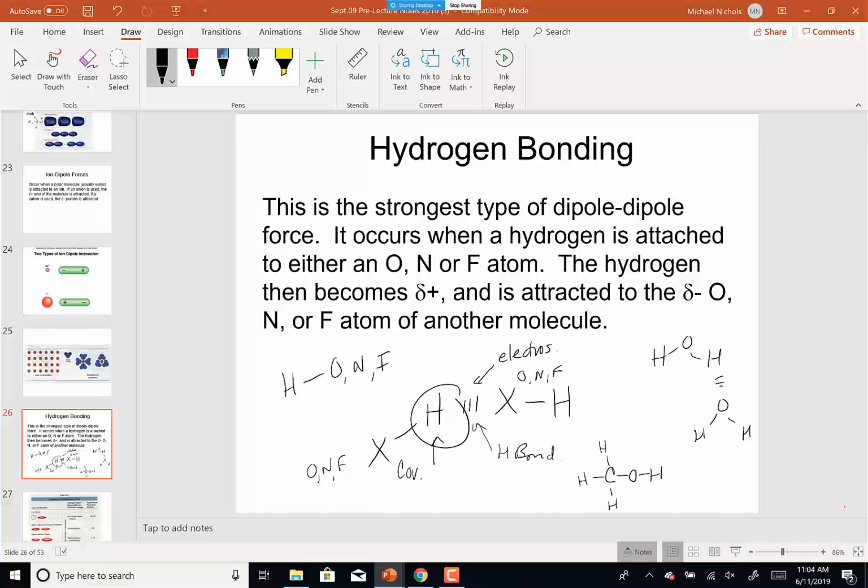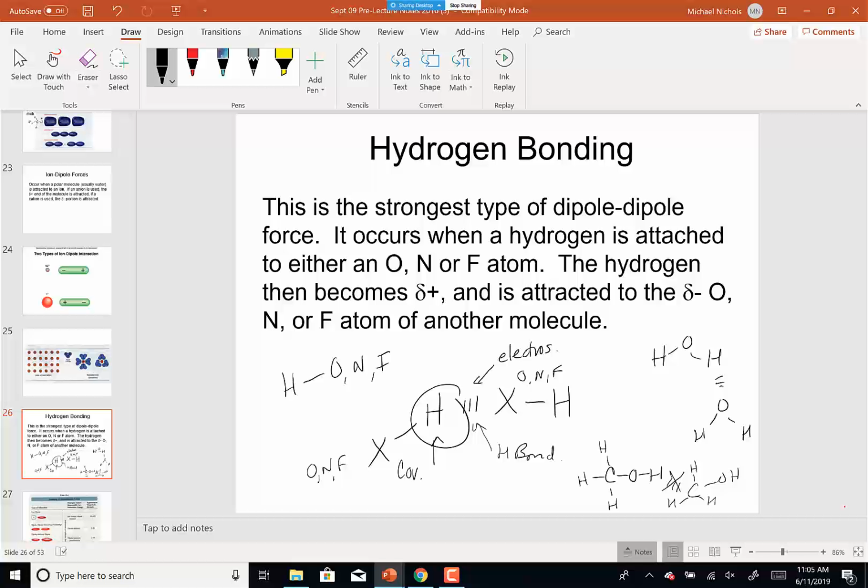Big difference between 1 carbon and 2 carbons. But the OH there, this hydrogen would not form a hydrogen bond to the carbon. So that is not a hydrogen bond because the hydrogen cannot be electrostatically attracted to carbon.